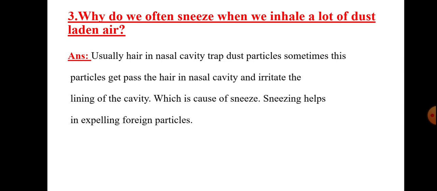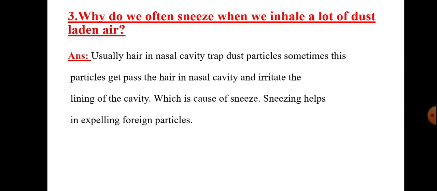Usually hair in the nasal cavity traps the dust particles, but sometimes these particles get past the hair in the nasal cavity and irritate the lining of the cavity, which causes a sneeze. Sneezing helps in expelling foreign particles.